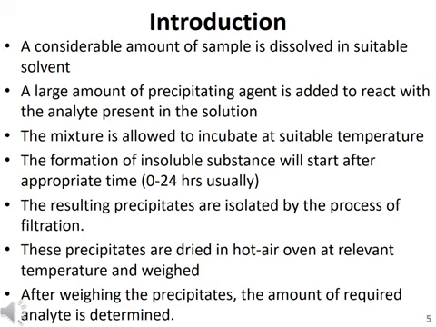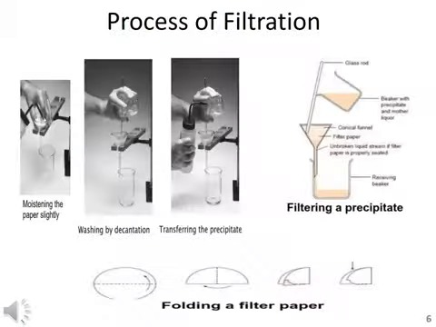So in order to perform a comprehensive gravimetric analysis, we must be keen to select the relevant temperature, and this temperature depends upon the conditions of the reactions. And after drying, these precipitates will be weighed. The weight quantity of the precipitates will be the basis of the calculation of the targeted analyte.